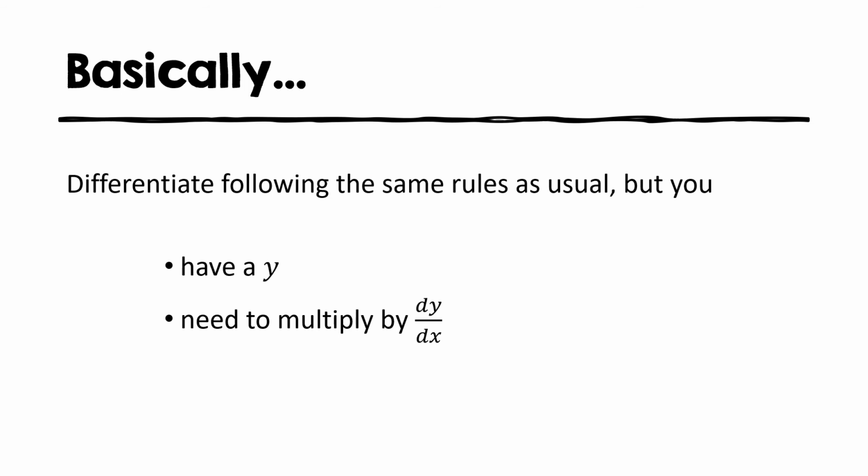Now, we don't usually use all of that notation when we're differentiating implicitly, but it's important to know that it comes from chain rule. And that means that we basically differentiate using the same rules as we usually do, but instead we have a y, and we need to multiply by dy dx, which comes from that derivative of that y, so the derivative of the inside function from chain rule.